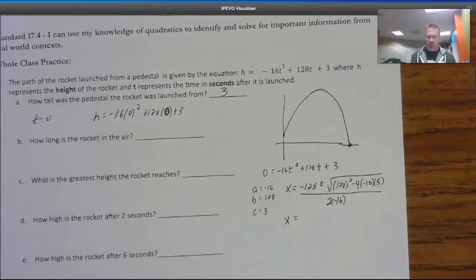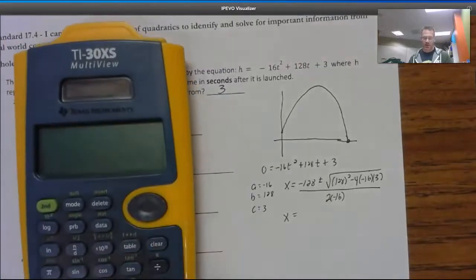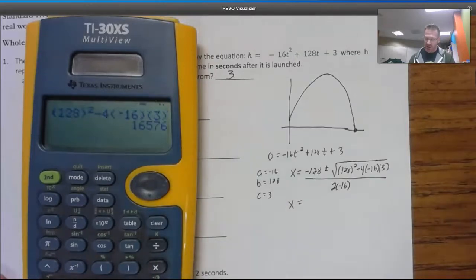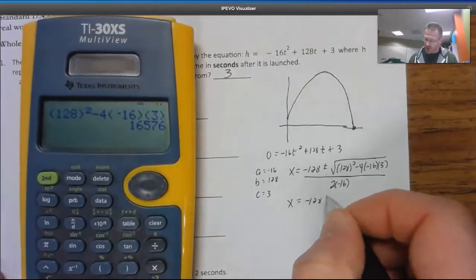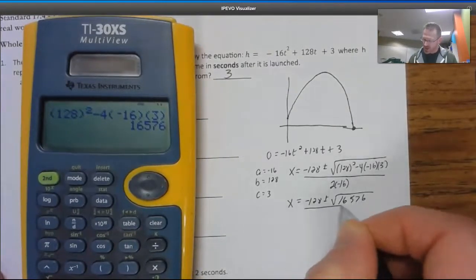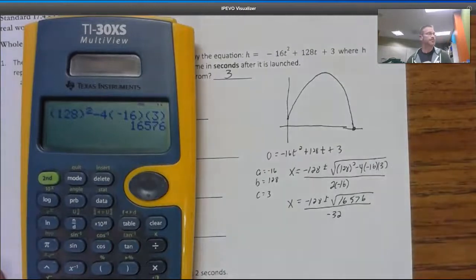Now we just want to use our calculator and simplify what's inside that square root radical. Let me clear all that out. We want to do 128 squared minus 4 times negative 16 times 3. That gives me what's inside my square root radical, plus or minus the square root of that really big number, 16,576, divided by negative 32.